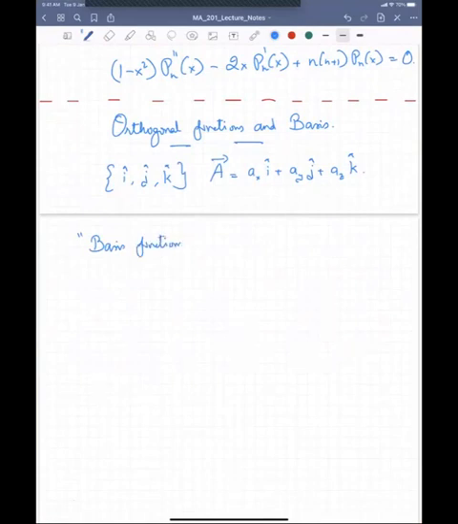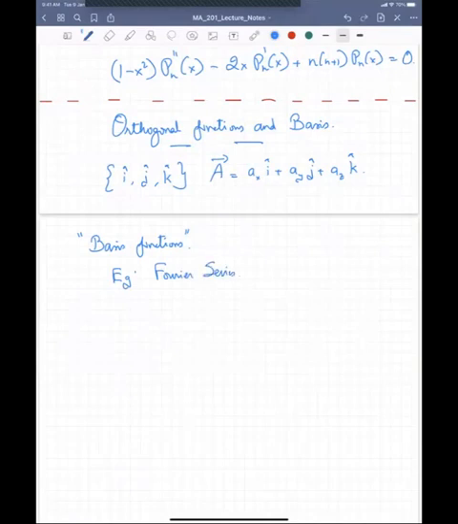Just like you have basis vectors or unit vectors i, j, k, there are certain basis functions, and you can expand other functions in terms of these functions. You have already seen an example of this, I'm sure, as a Fourier series.